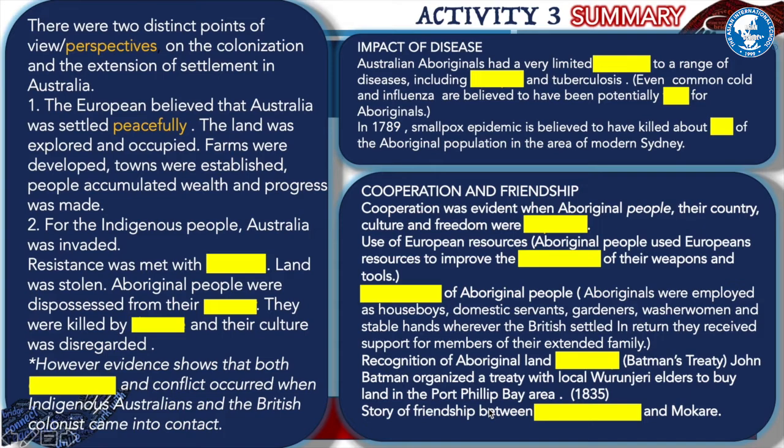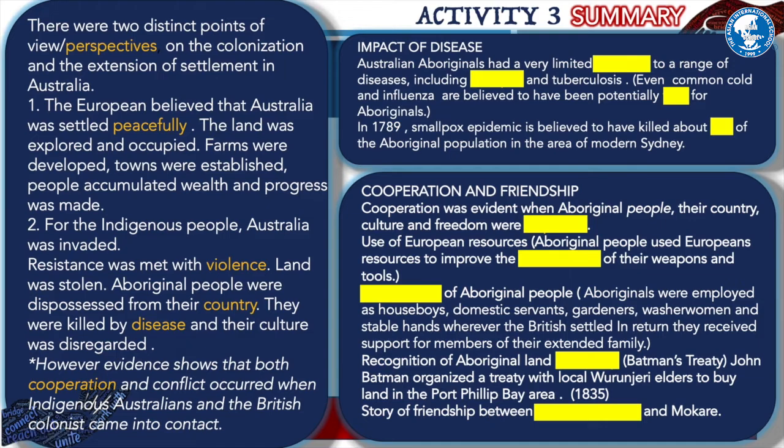But for the indigenous people, Australia was invaded, resistance was met with violence, and land was stolen. Aboriginal people were dispossessed from their country, they were killed by disease, and their culture was disregarded. However, evidence shows that both cooperation and conflict occurred when Indigenous Australians and the British colonies came into contact.